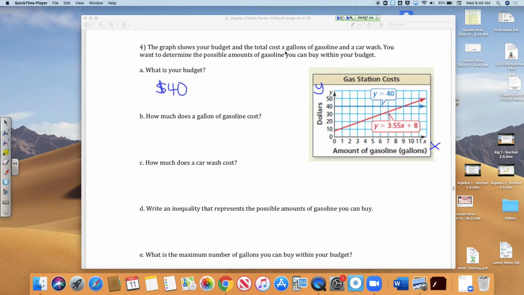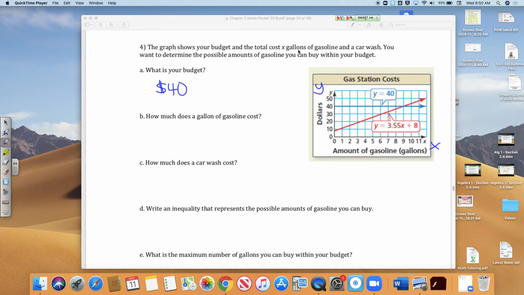They tell you in the problem that x is representing the number of gallons of gasoline. y is representing dollars. I can see it on the graph as well that the amount of gasoline in gallons is down here. So when it's asking how much does a gallon of gasoline cost, you have to look at the red line.